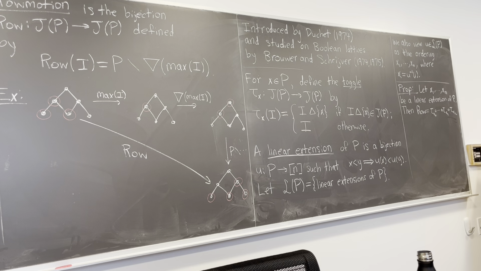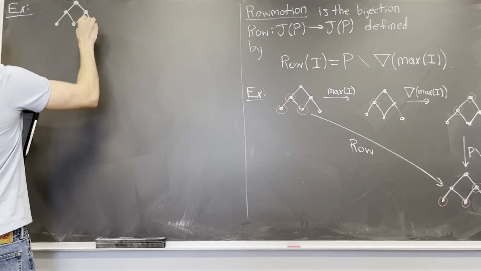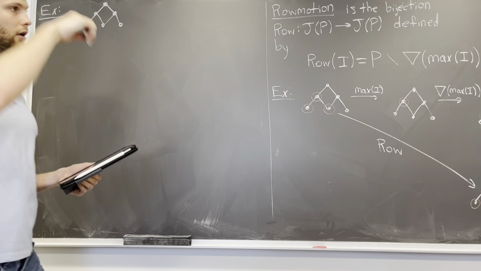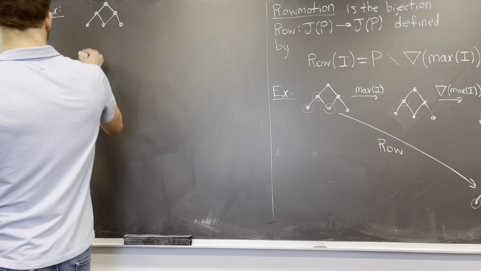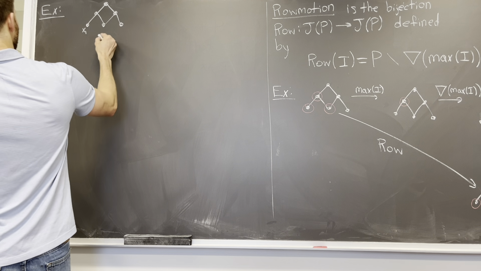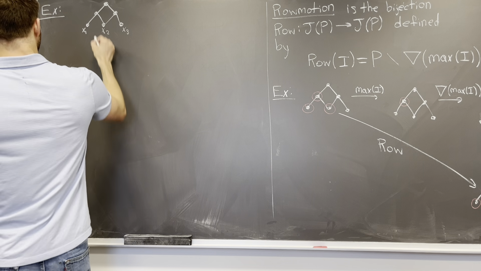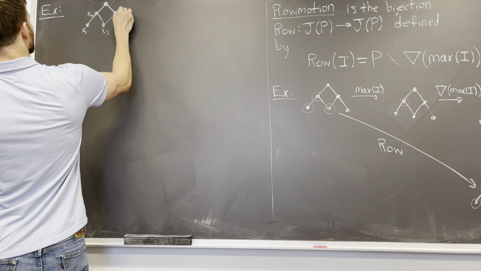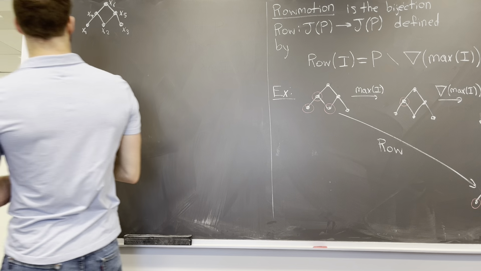So here's my poset. And let me pick a linear extension. Doesn't matter which one I choose, but I'll just pick one of them. So maybe I'll choose this to be x1, this will be x2, x3, x4, x5, x6.